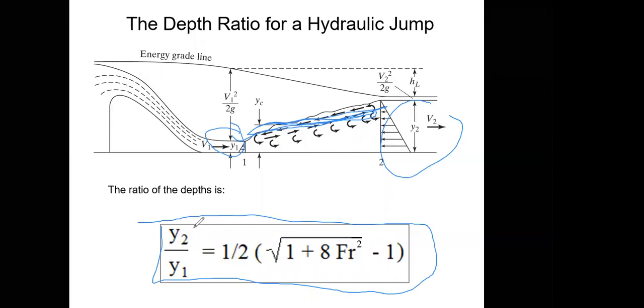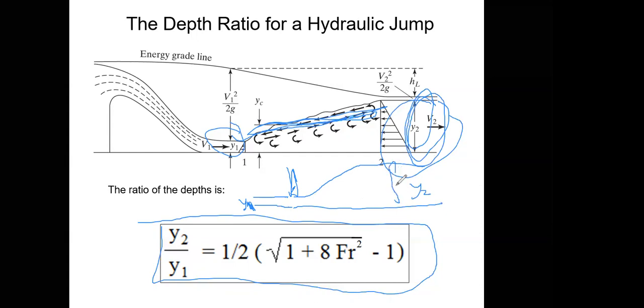So the way you use this, if you want to predict what the height Y2 will be, you're given Y1 over here and a given flow, so you can calculate the Froude number. And you have this gate, for example, and then this will have a hydraulic jump into the Y2. You want to know what Y2 is, for example, to avoid some height that you don't want to happen. So you can calculate Y2 using these equations.